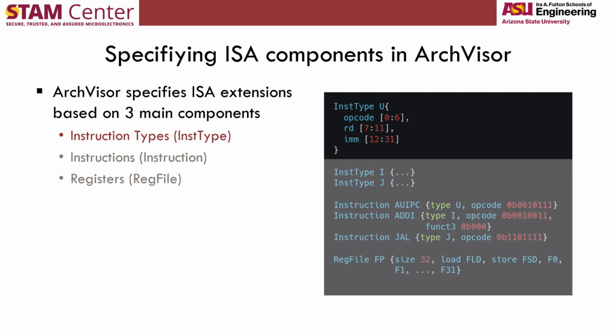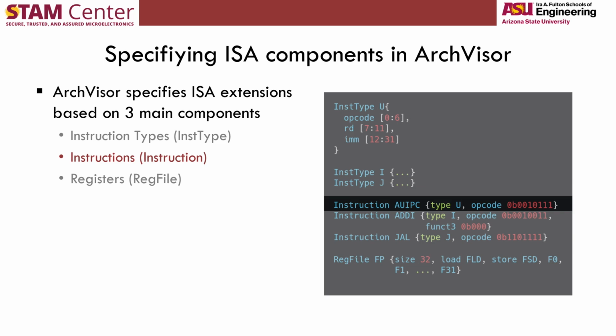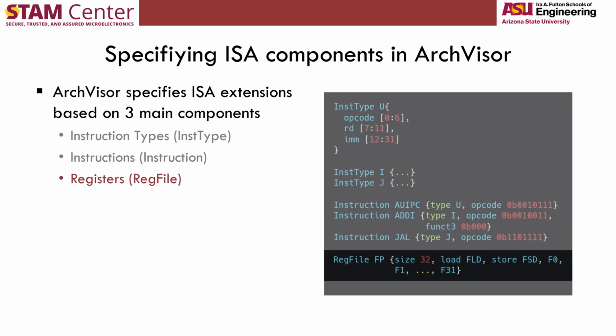The first is the instruction type, or int type, which specifies the various components of each instruction and their locations within the binary instruction. Next, we use the instruction type to give specific values to the various components of the instruction. And finally, we have the reg file type, which specifies the various registers within a register file together with their load or store instructions. This helps us with the context switching process.